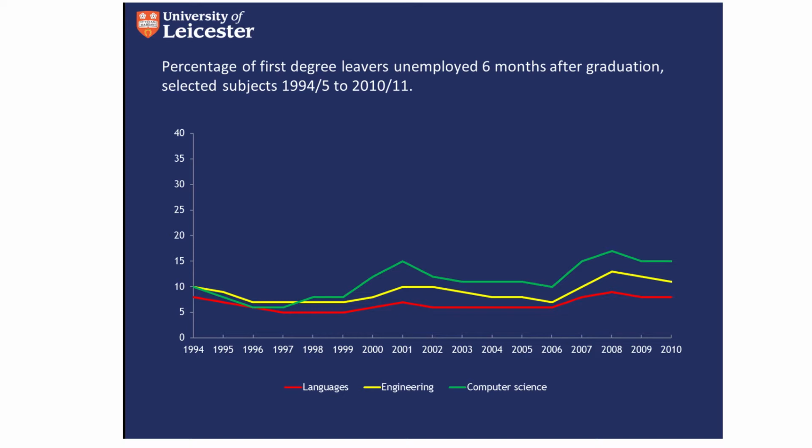The figure, for example, for physical sciences would show that about 40% of physical scientists stay on to do master's or doctoral training. That's not the same for engineering and computer scientists. They're more likely to leave studying. But you can see that around about 15% of computer science graduates are unemployed 6 months after graduation. I don't know what they are doing a year after graduation, but certainly at that 6 month point.